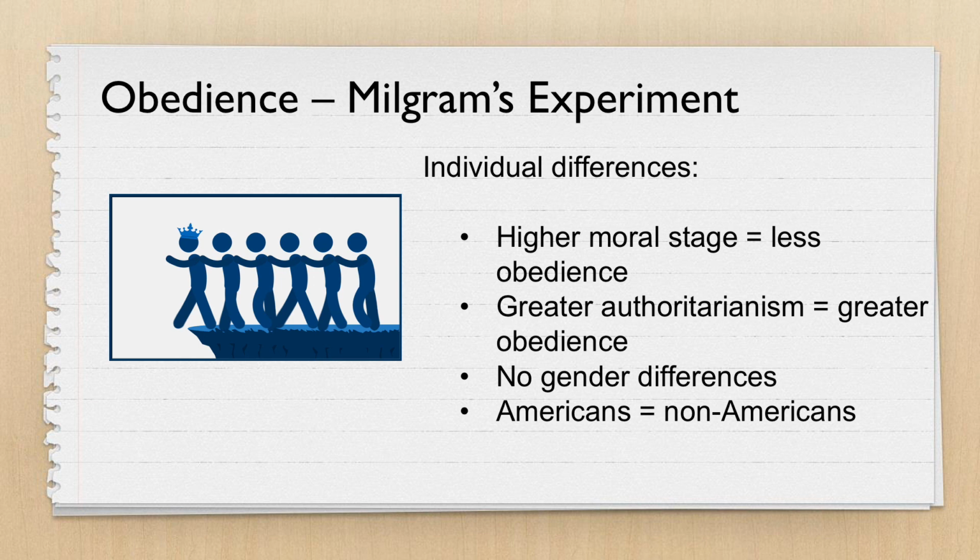The second personality trait is authoritarianism, a personality trait that is associated with having greater respect for and not questioning authority. More authoritarian is associated with greater tendency to obey authority figures, such as the experimenter in this study. And we find no gender difference. And also we find no cultural difference.